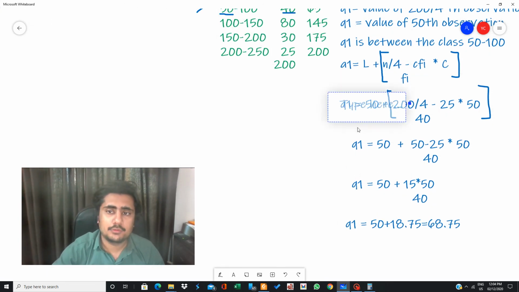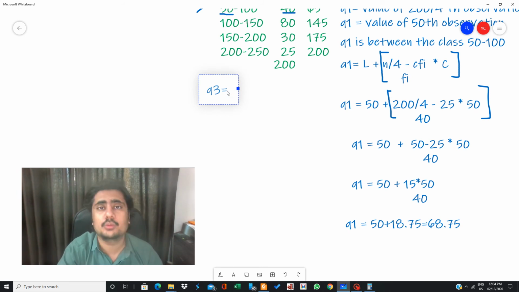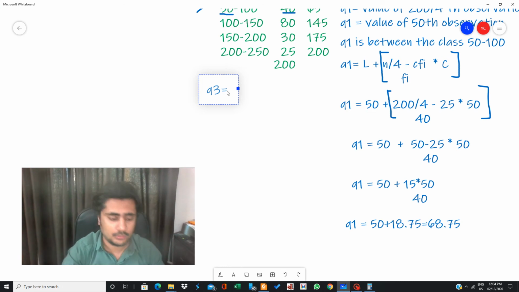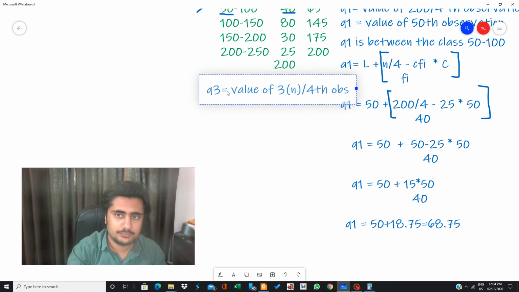The same way I have to find Q3 also. To find quartile deviation, I want both Q1 and Q3. So this is Q1. Now Q3 is value of 3 into n upon 4th observation.